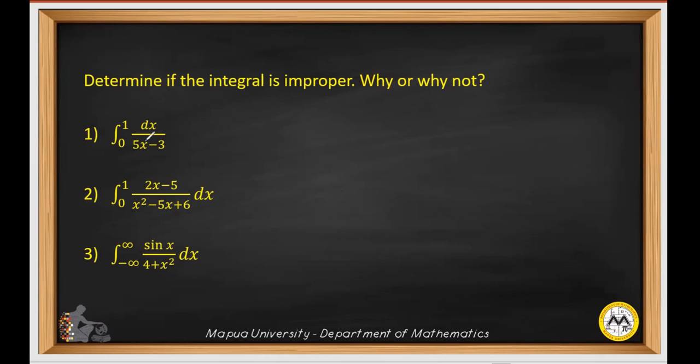Now since we are given a rational integrand, the denominator, of course, is critical. The denominator cannot be 0.